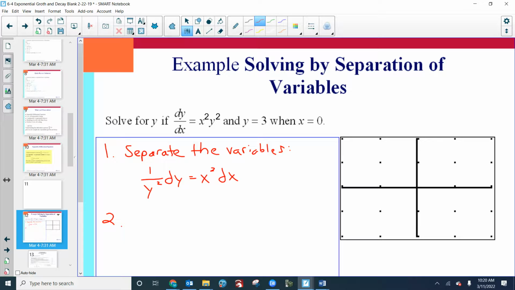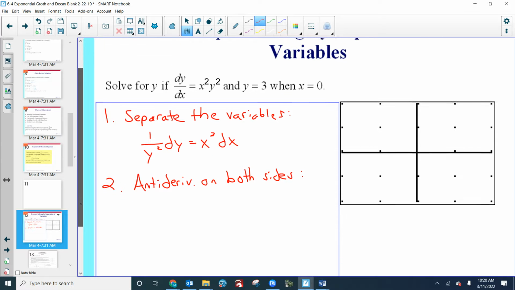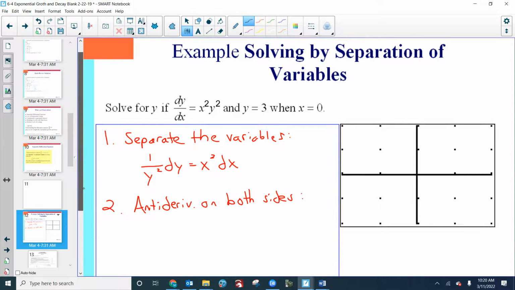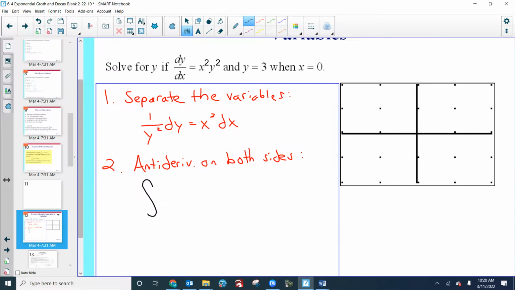So, antiderivative on both sides. We have to do it on both sides, obviously, to keep things balanced. So if I take the antiderivative of the left side, I have to take the antiderivative of the right side.